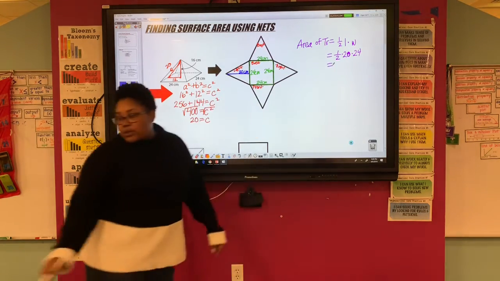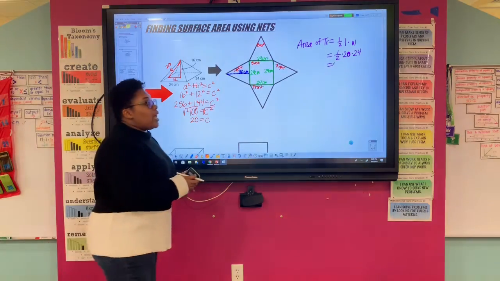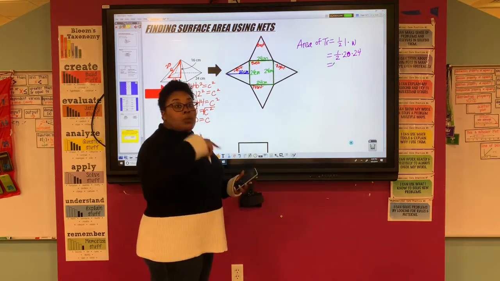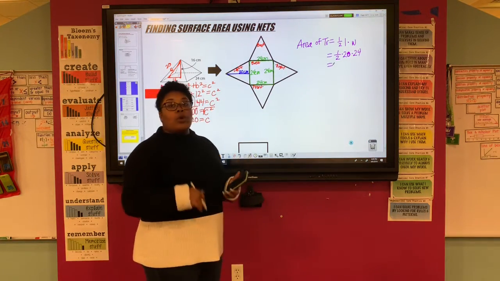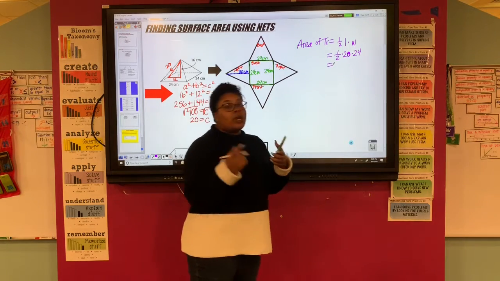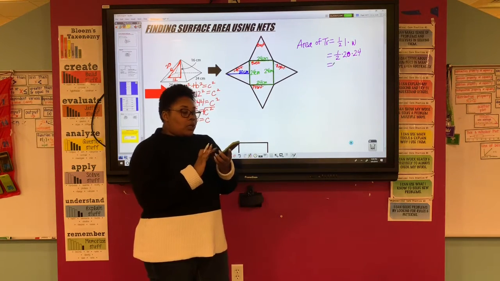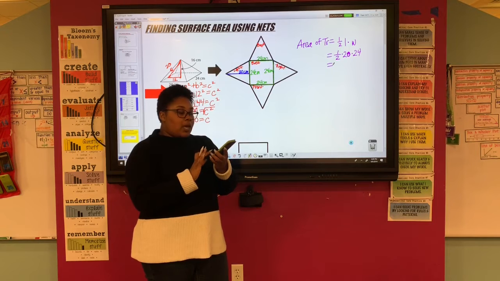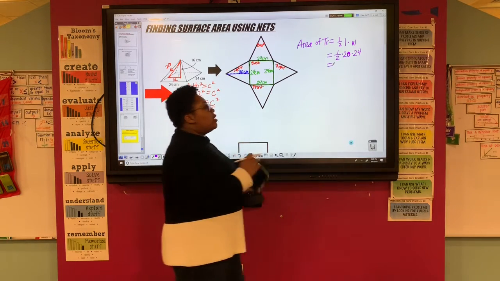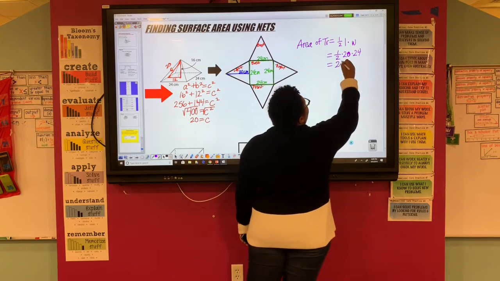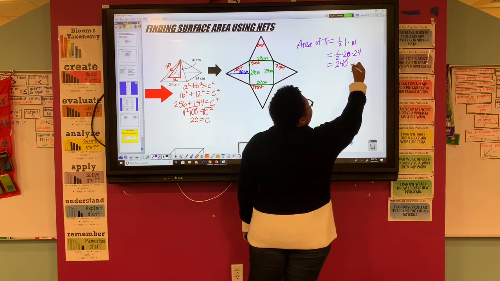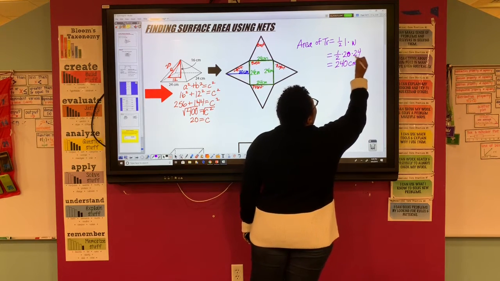In our calculators, remember there are two ways that you can multiply by 1/2. You could times 0.5 in your calculator, or you can multiply 20 times 24 and then divide by 2. So you have 20 times 24. I like to divide by 2. I get 240. Cannot forget my units, centimeters squared.